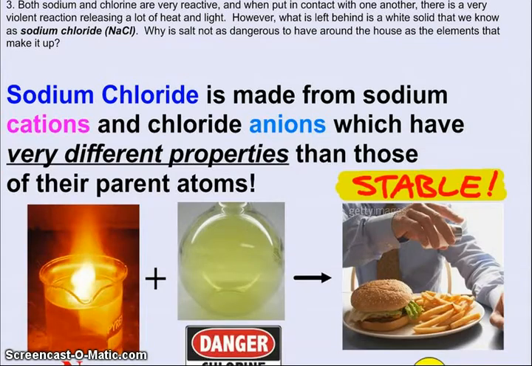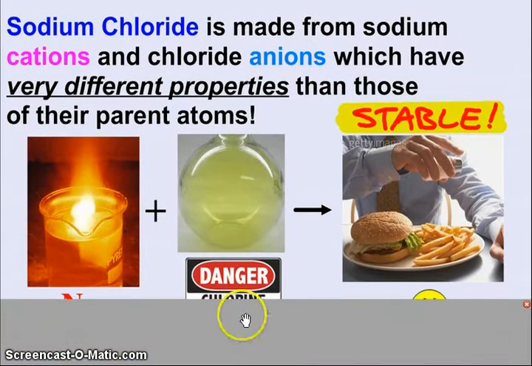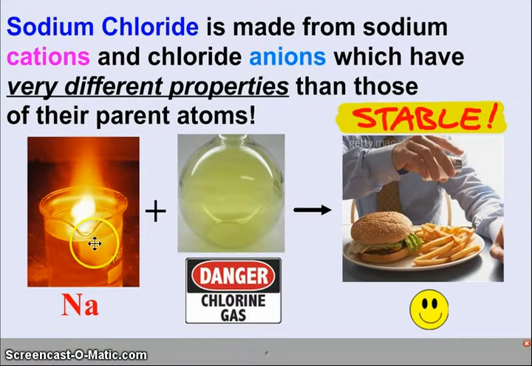And when it goes in contact with water, even as we saw earlier in the year, it can ignite and catch on fire. Chlorine gas is extremely toxic, used in chemical warfare, but yet we put those two together, yay, sodium chloride, we sprinkle it on our french fries, and we actually cannot live without that.